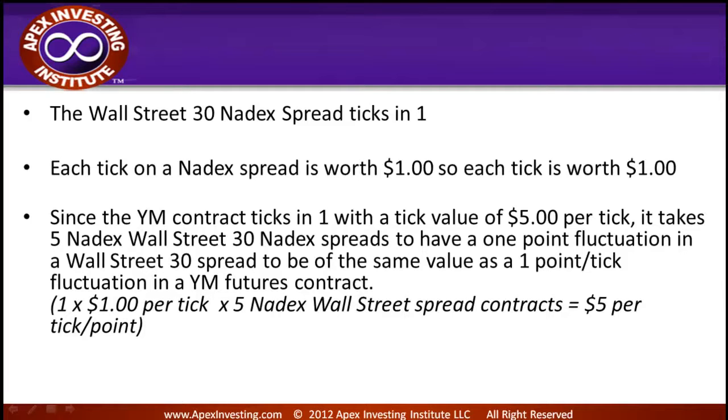Well, since the YM contract ticks in 1 and has a tick value of $5 for the futures contract, it takes 5 Nadex Wall Street 30 spreads to have a 1 point fluctuation in a Wall Street 30 spread be equal to the same value as a 1 point or tick fluctuation in the Dow futures contract, such as 1 tick times $1 per tick times 5 Nadex Wall Street 30 spread contracts would equal $5 per tick, or you could call it point.